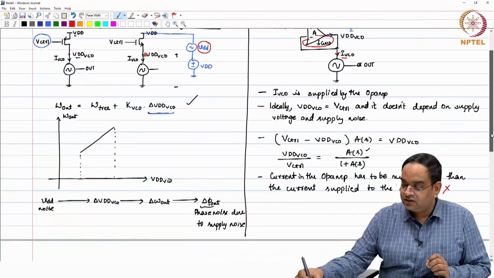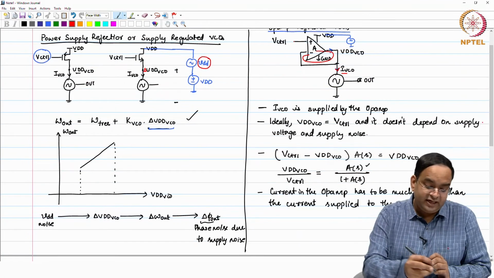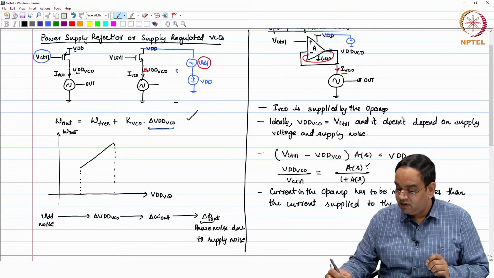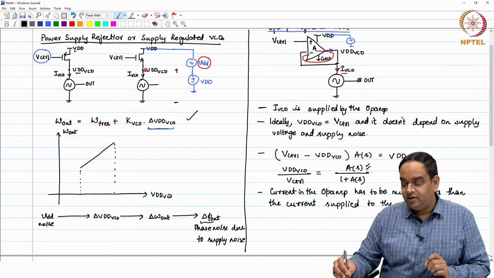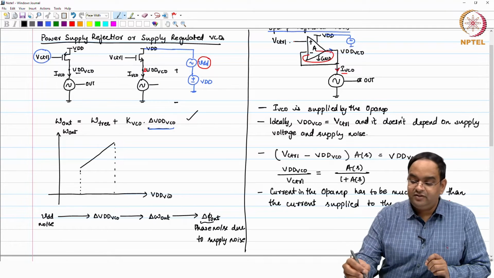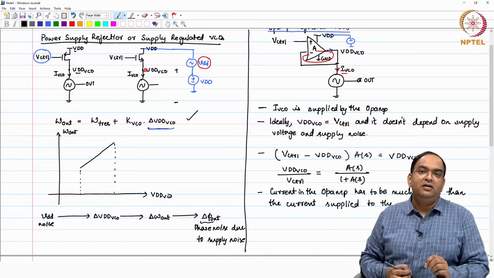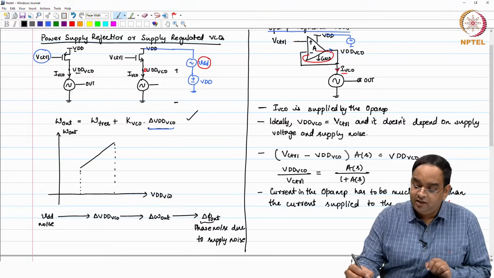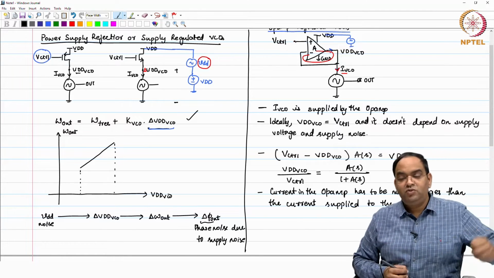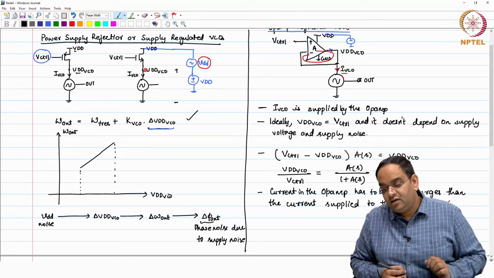If you sacrifice any bandwidth in this transfer function A(S), then this is going to limit your PLL loop bandwidth, because this particular node is going to be connected to the loop filter output.